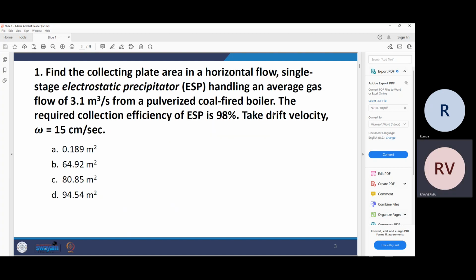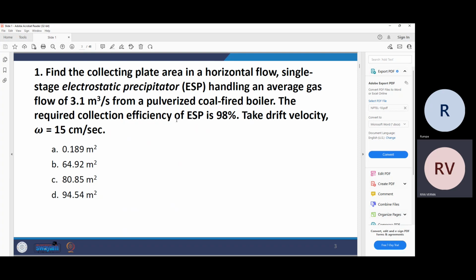The first question is: find the collecting plate area in a horizontal flow single stage electrostatic precipitator (ESP) that is handling an average gas flow of 3.1 meter cubes per second from a pulverized coal fired boiler.